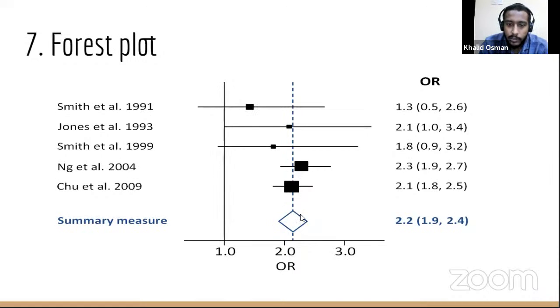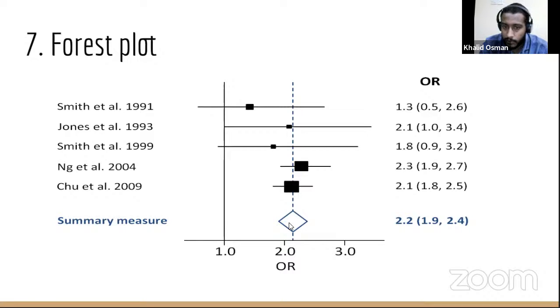The diamond here represents the weighted average of all our studies. So the diamond here represents the results of our meta-analysis. You can see that it is clearly positive. Of course, it does not cross the no association line, and it is actually far from it with an odds ratio of 2.2.